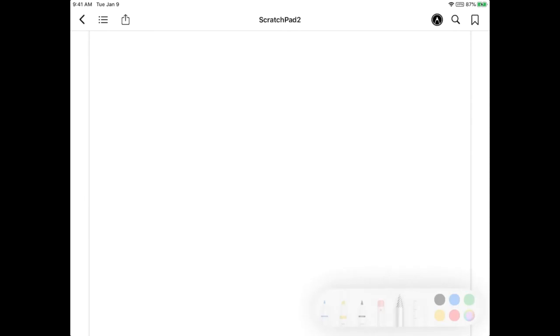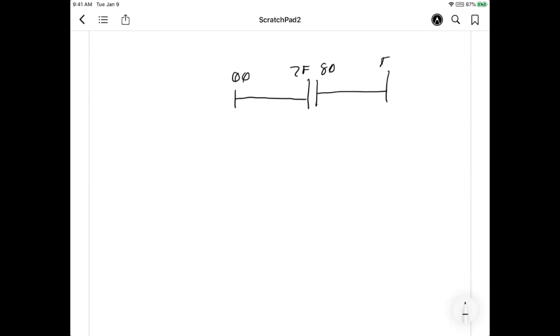So for instance, if we come up with a number, I don't know. Let's draw our number line again just to remind ourselves. Sometimes you might have to do this: 00, 7F, 80, FF, and these are unsigned numbers where it's 0, 127, 128, and 255.